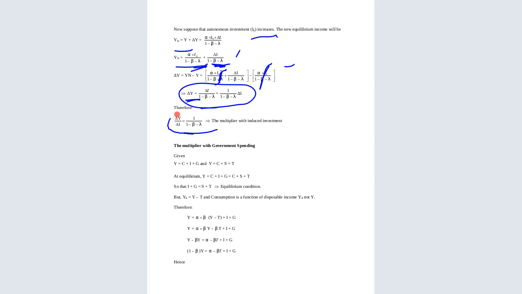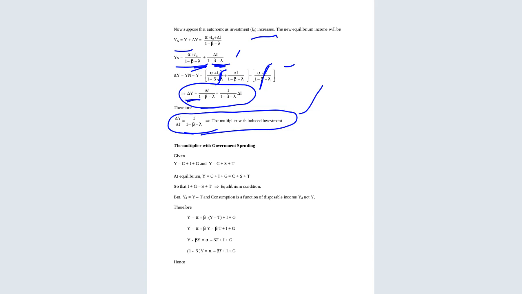This is our new investment multiplier. I hope you can see that, and also you can follow how we derive the multipliers. So that is for investment. We said investment is one of the components of the national income.